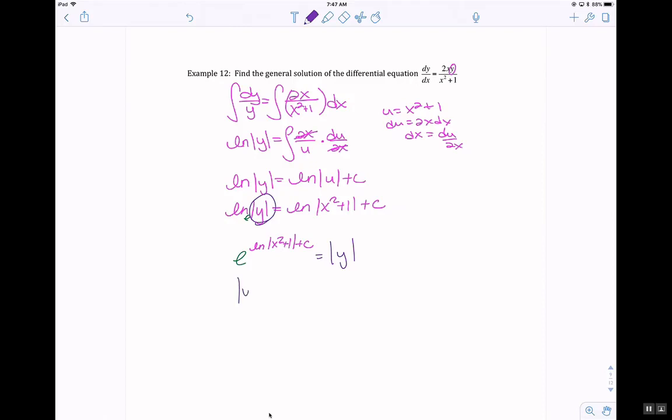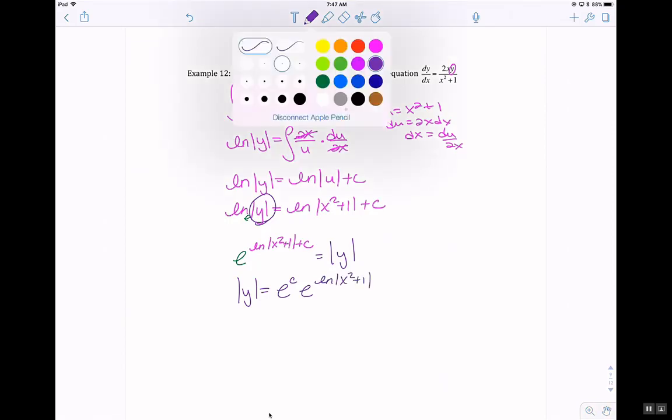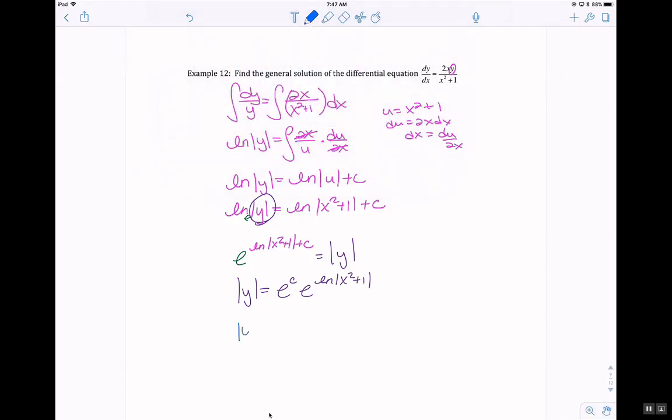So that gives me absolute value of y is equal to e to the c times e to the ln absolute value of x squared plus 1, by rules of exponents. So then absolute value of y is equal to e to the c times the absolute value of x squared plus 1.